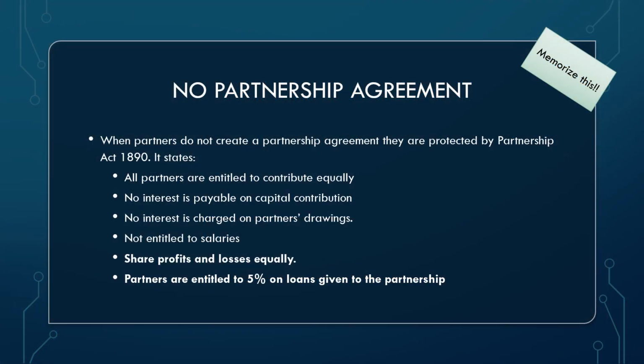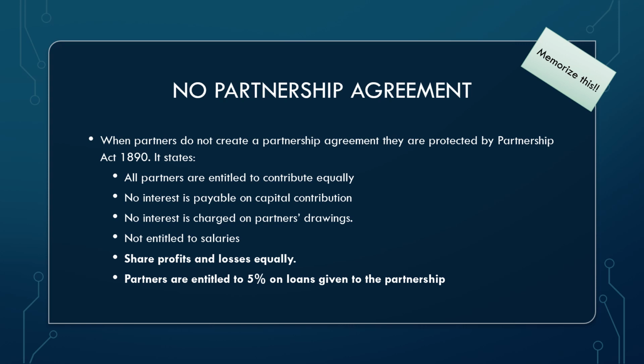Okay, let's say there's no partnership agreement. This is the important part: if you don't have a partnership agreement, the business is protected by the Partnership Act. This one is fixed, so you have to memorize this. Basically, it's very simple. All partners are entitled to contribute equally.